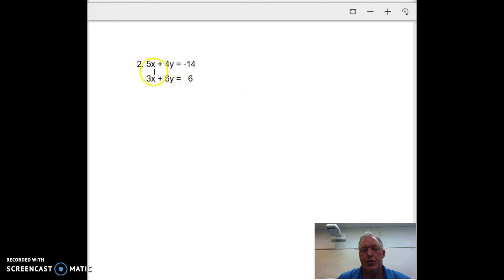So let's just use the x's, okay? What's the coefficient in front of the variable x in the bottom equation? It's a 3. So we're going to put everything in parentheses, and we're going to multiply everything using the distributive property by 3.